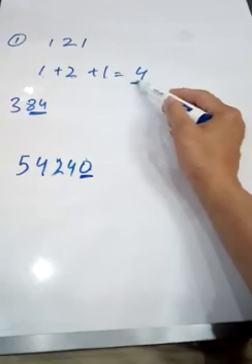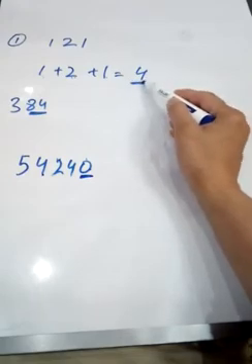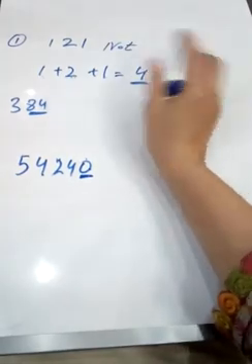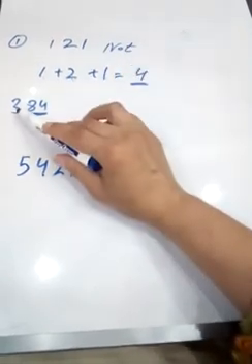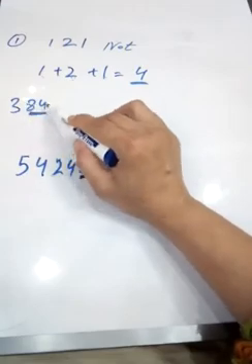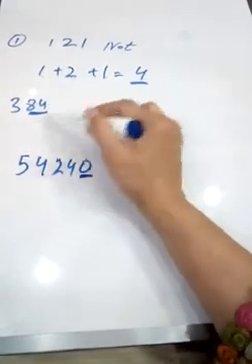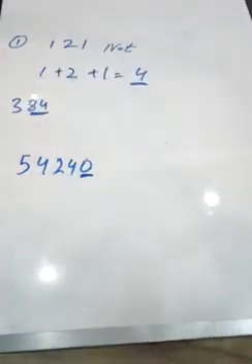Our answer is not divisible by the table of 3. It means that this number is not divisible by 3. Add 3 plus 8 plus 4, and if their answer is divisible by 3, this whole number is divisible by 3.